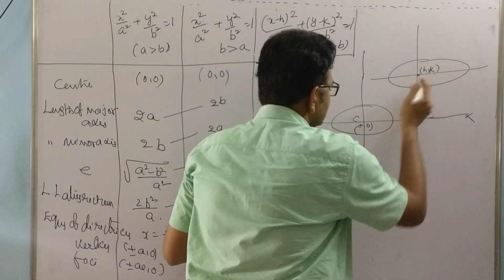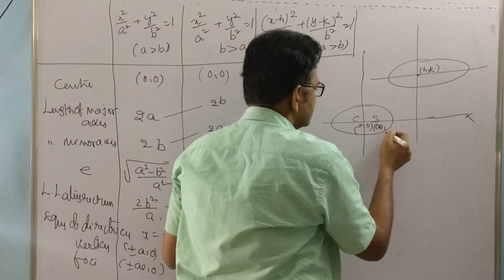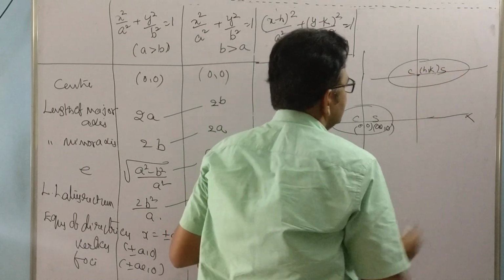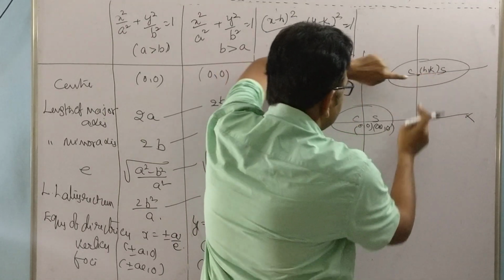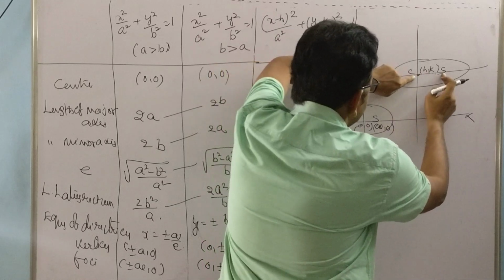Okay, so this is center 0, 0. CS is equal to ae, so this is ae, 0. This distance is ae. And h, k means this is h units and this is k units. Therefore this is h plus ae.